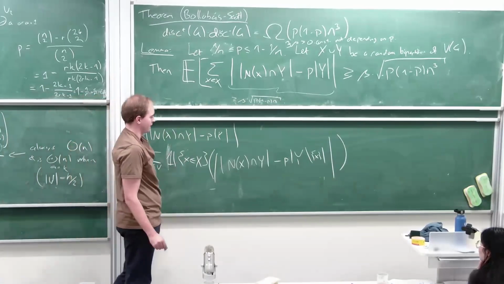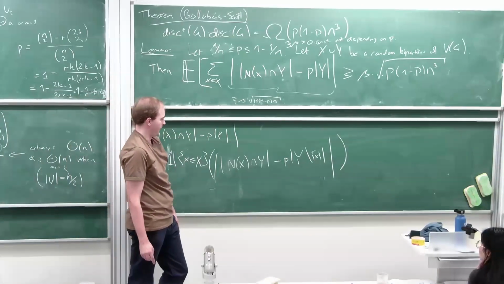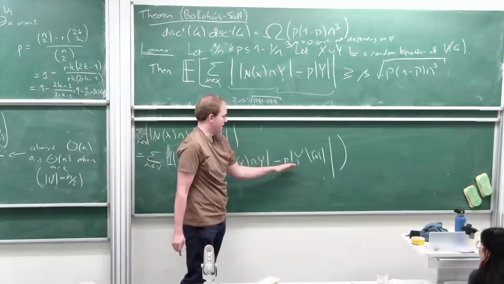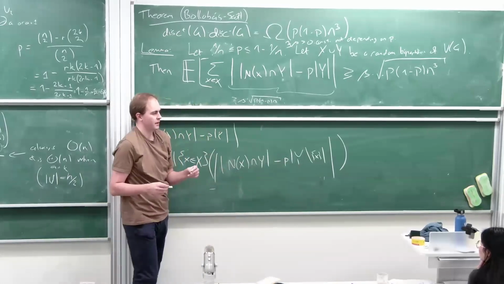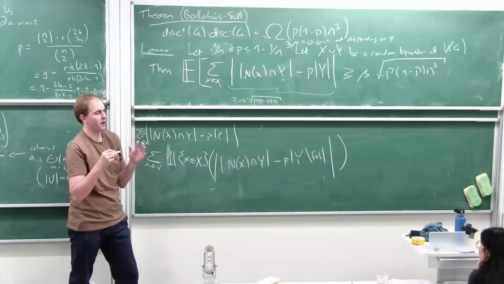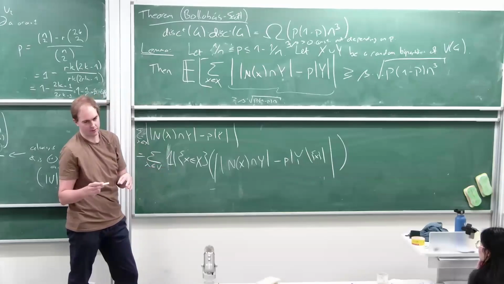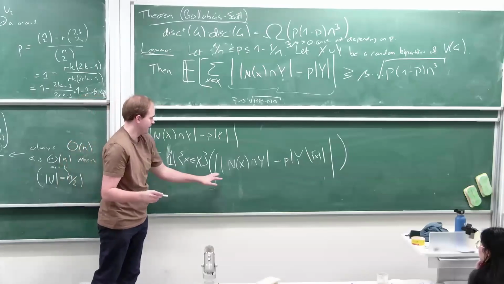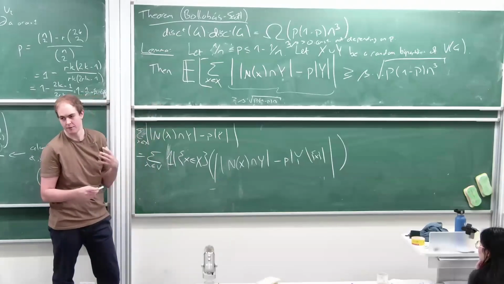The good thing is that this bit here only depends on the status of where all the other vertices than x are located. So basically, these are independent random variables for the random input.